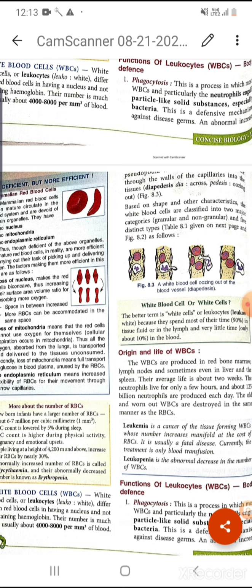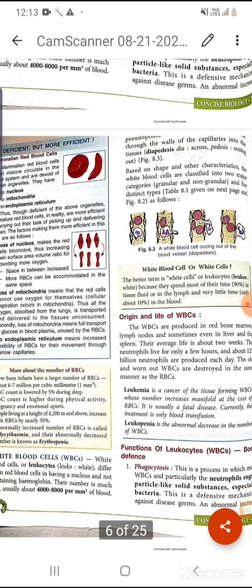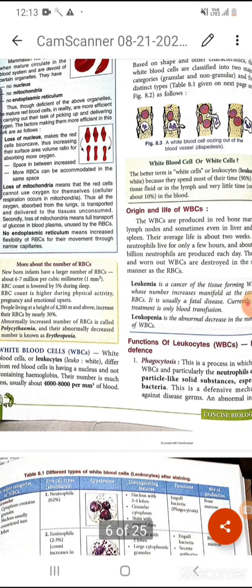They make a pore and move through the capillary wall, so they ooze out from the capillary wall. That process is known as diapedesis. Based on shape and other characteristics, white blood cells can be classified into two main types: granular and non-granular.